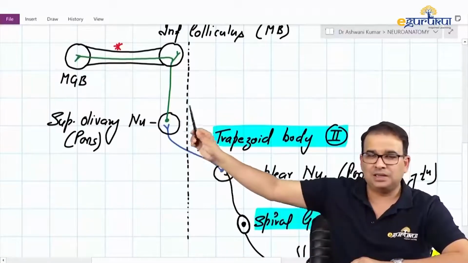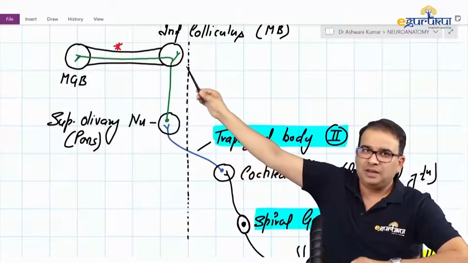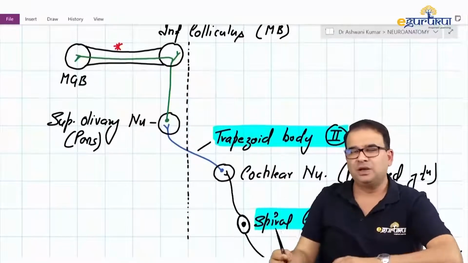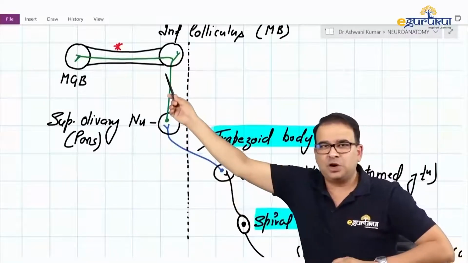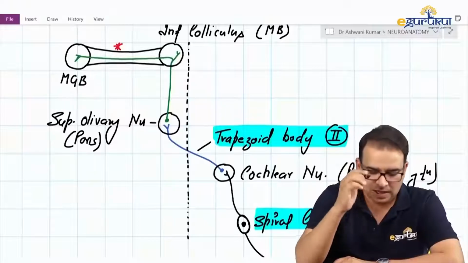I repeat again what I said. The third order neuron starts from the superior olivary nucleus, ascends, and reaches the inferior colliculus. A few will relay in the inferior colliculus and have a relation to the auditory reflexes, but the majority of the fibers, using the inferior brachium, reach the medial geniculate body.